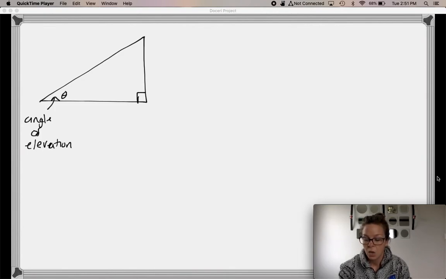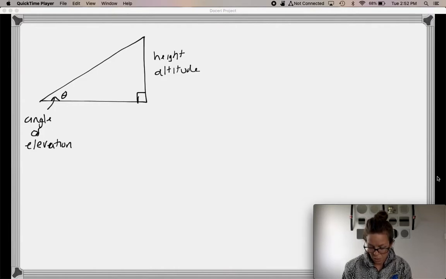Okay. Now, what are some other words that we could label the sides of the triangle with that could be important things in real life? Well, let's start with that vertical. What might we be measuring there? A lot of times we're going to be talking about a height, or another word for height that we might use is altitude. Okay, so a lot of times we're going to be measuring a height or an altitude of something if we're talking about that vertical. What about the horizontal?